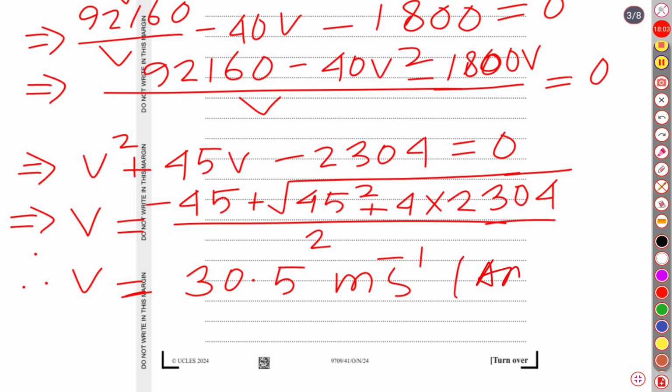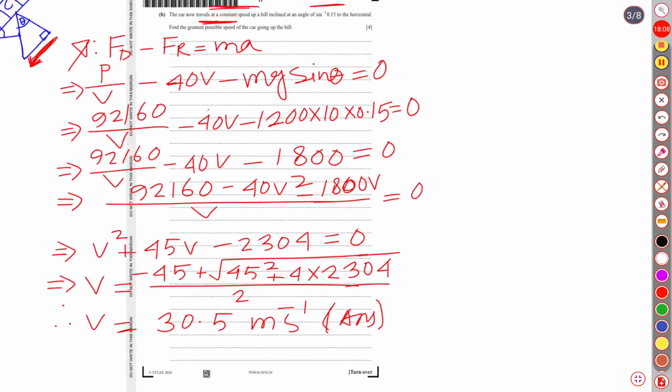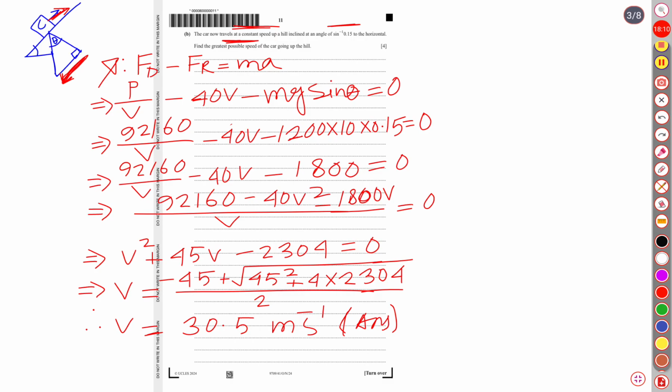They have told us to find the constant speed. We have found that the constant speed is 30.5 meters per second when the car was traveling up a hill, I mean moving up a hill.